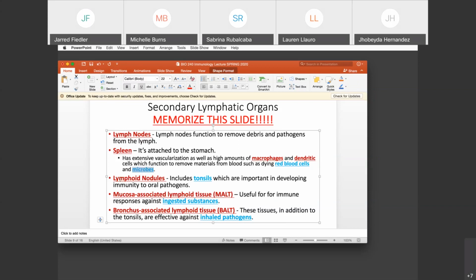Now, the next one is called a lymphoid nodule. The lymphoid nodule is your tonsils, and it's very important for developing immunity towards oral pathogens. When you get a little bit older, sometimes you may get your tonsils removed, because they get overly inflamed and are obstructive to your everyday lifestyle, so they can remove them for you in the hospital.